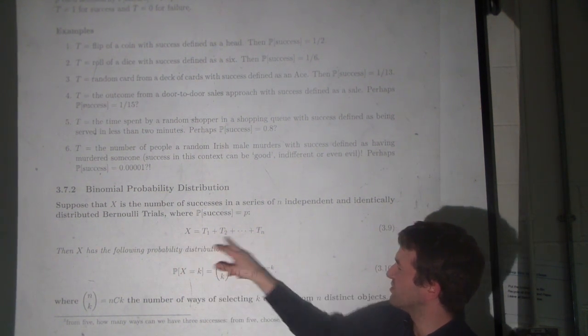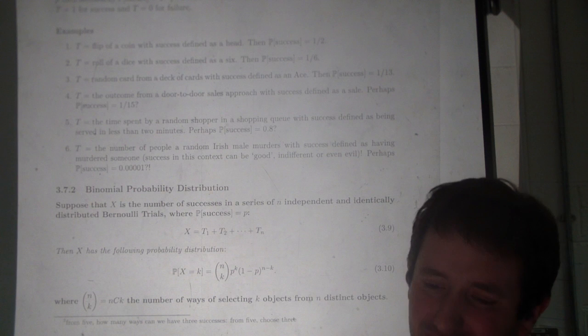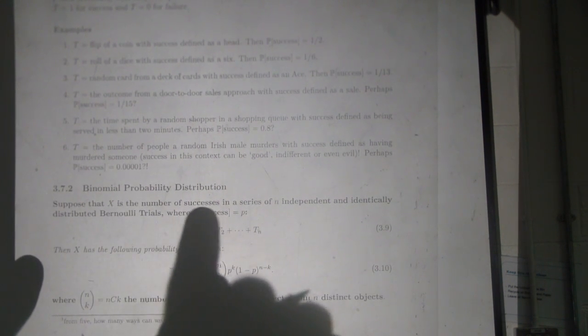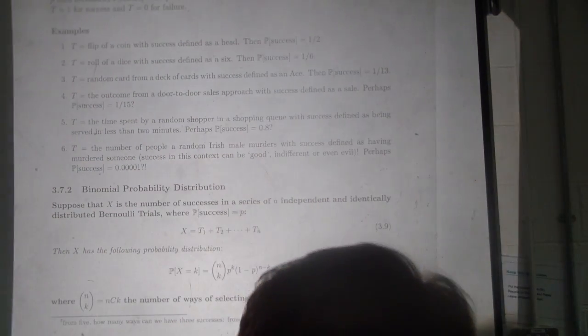Okay. Now, the way this is done is, X is the number of successes in a number of independent, identically distributed trials, which just means that the probability of success doesn't change.